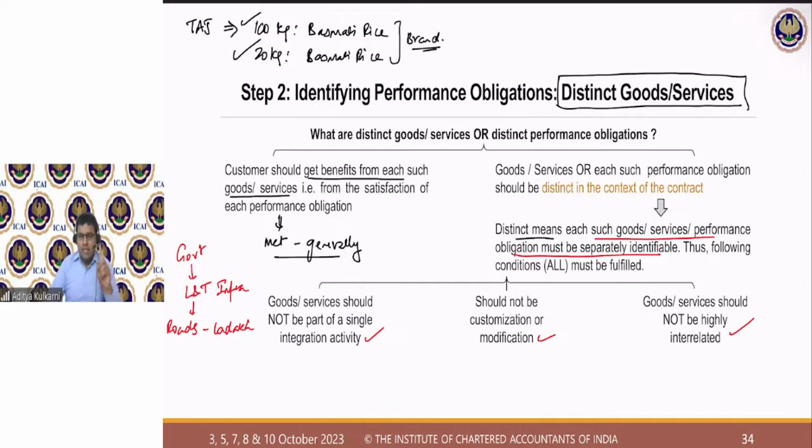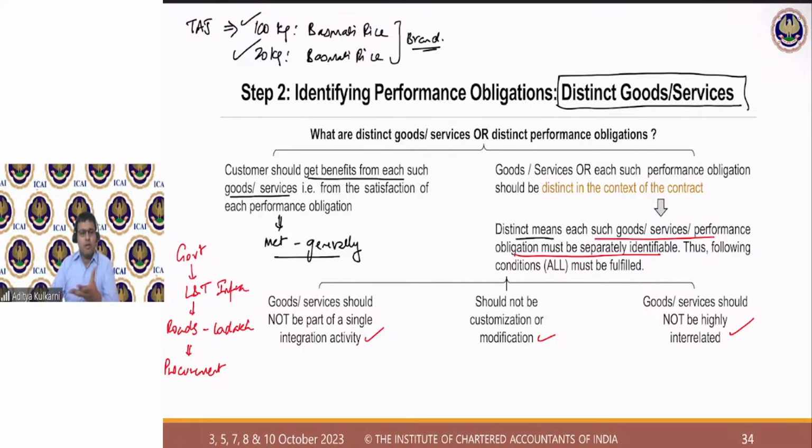What L&T Infra will do is, it will require procurement. It has to procure stones. It has to procure capital goods. It has to procure equipment. It has to procure concrete. It has to procure those rollers in which the concrete is going to get mixed.